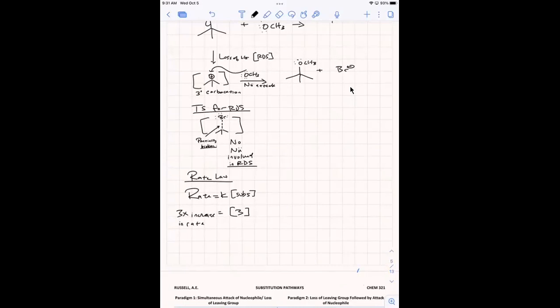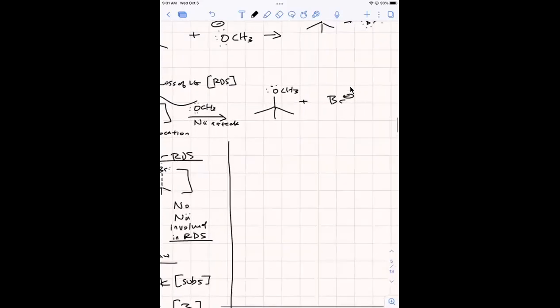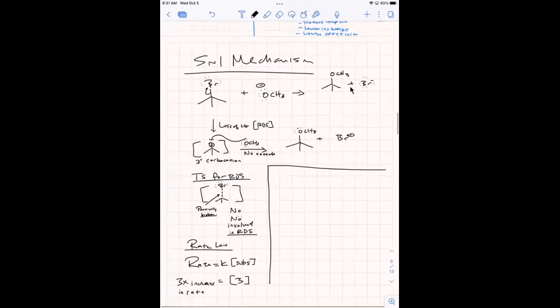So tertiary substrates work best. Also, allylic substrates work well because they can be stabilized. Any substrate where the carbocation can be stabilized either by resonance or by induction is going to be favorable to do SN1. Let's talk about the solvent. And then I also want to talk about one other thing. Actually, before I talk about the solvent, let me talk about this.